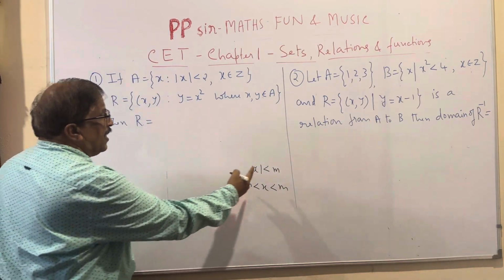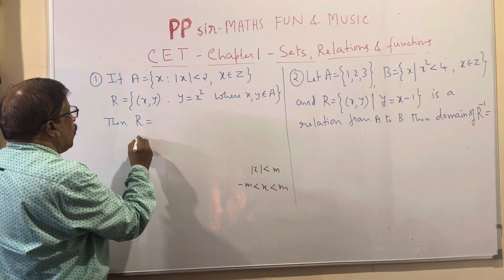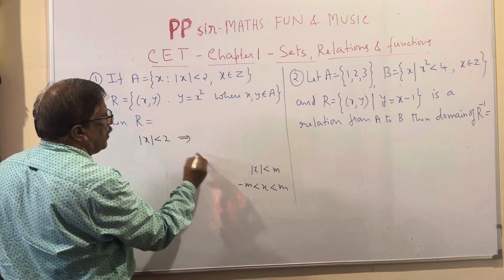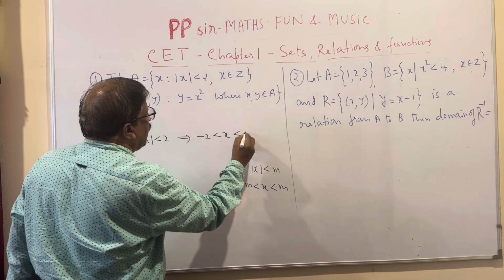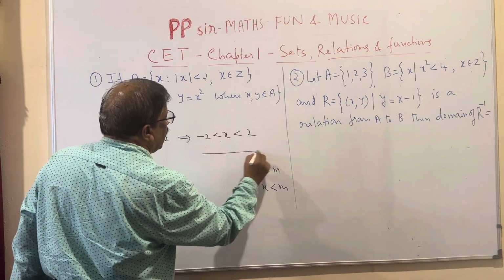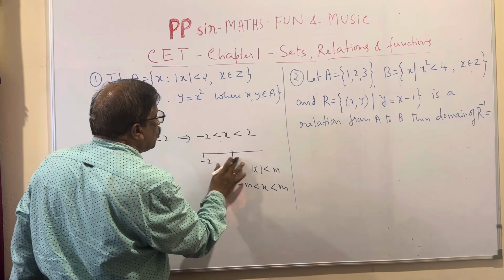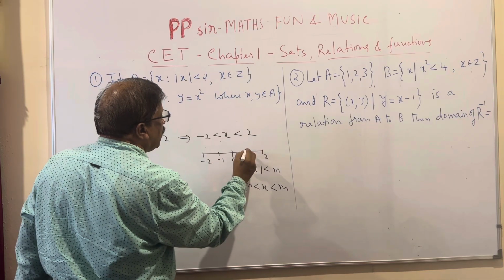Here m is equal to 2. So mod x less than 2 means minus 2 less than x less than 2. This means the value of x lies between minus 2 and plus 2. That is minus 2, minus 1, 0, 1, 2.